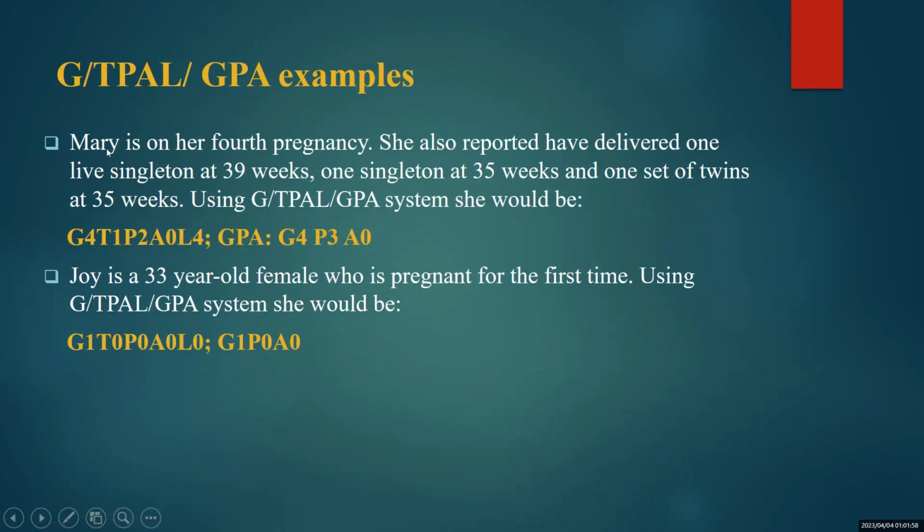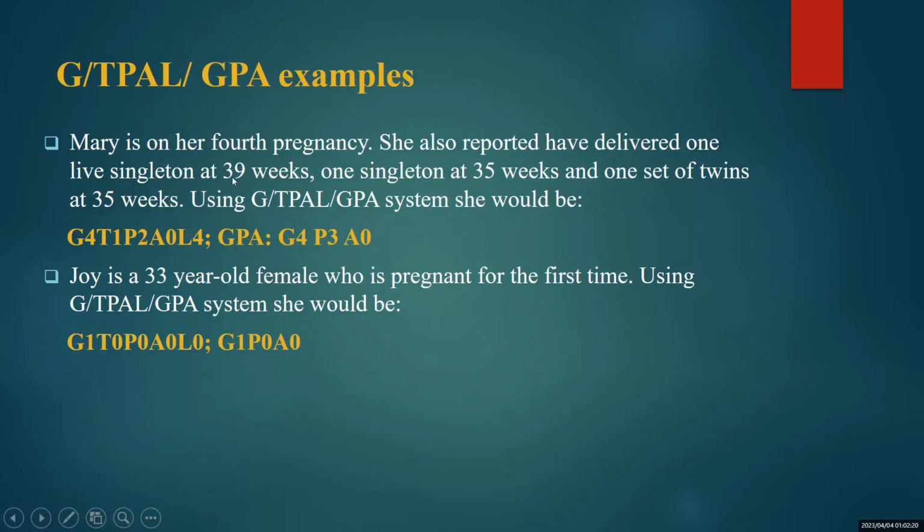Another example: Mary is on her 4th pregnancy. She also reported having delivered 1 live singleton at 39 weeks, 1 singleton at 35 weeks, and 1 set of twins at 35 weeks. Using the GTPAL system, she's on her 4th pregnancy, so it's G4.